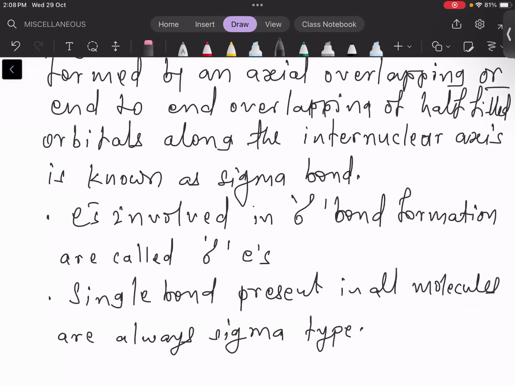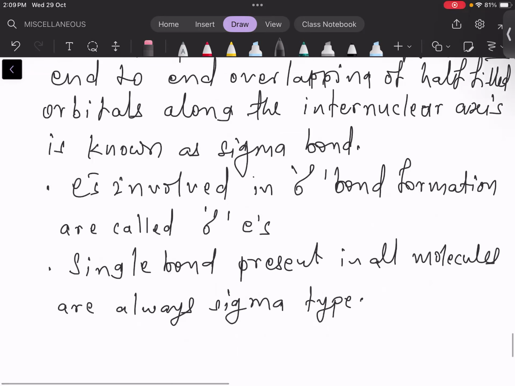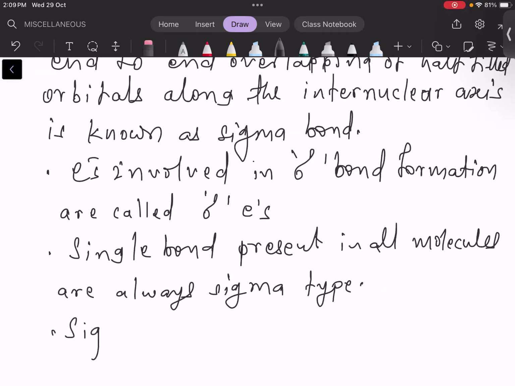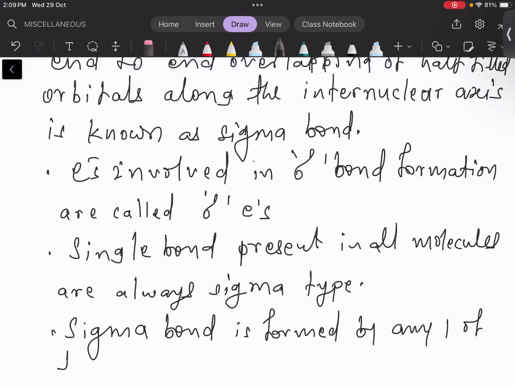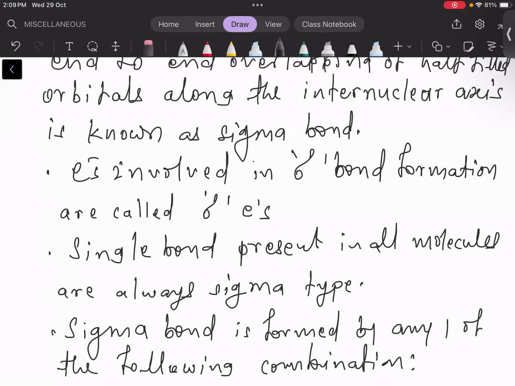Sigma bond is formed by any one of the following combinations. What is that?